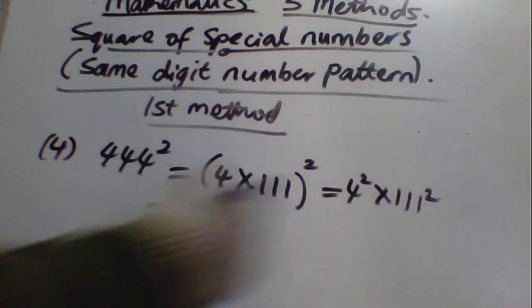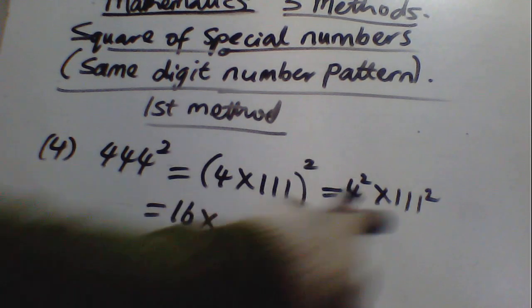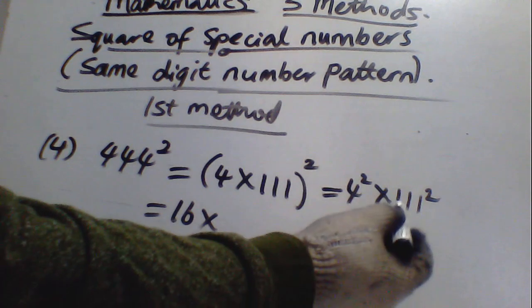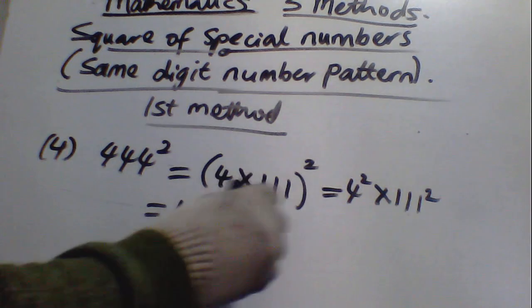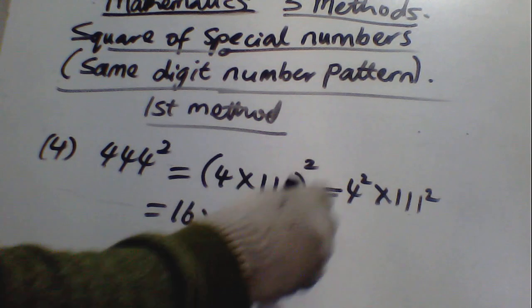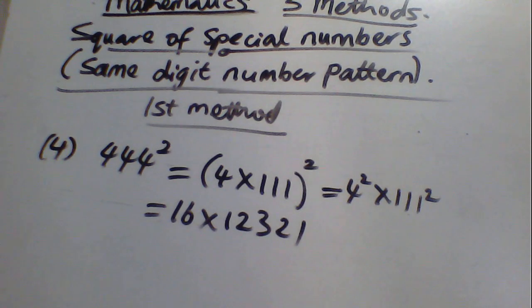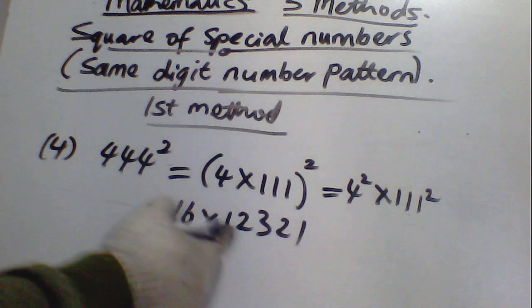So this will give us 16 times. Remember the pattern. This is 1 2 3, so it is 3 in all. So you have 1 2 3, repeating 2 1. So there are 1 2 3 2 1.